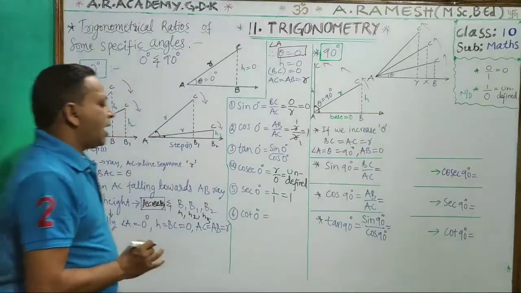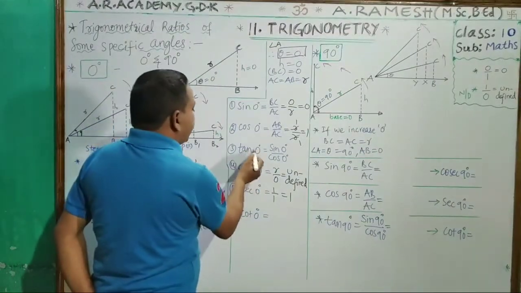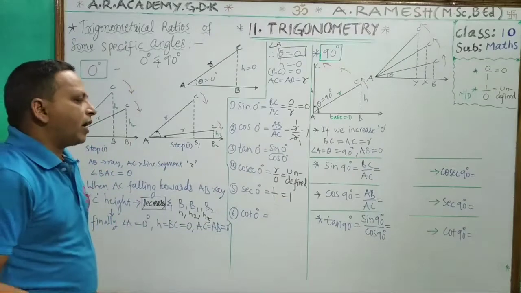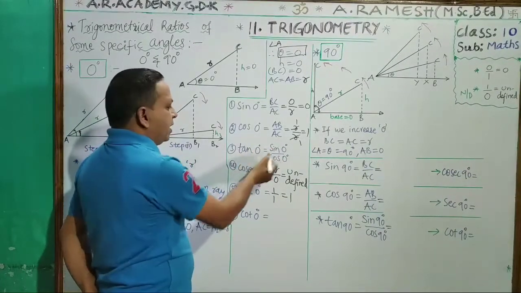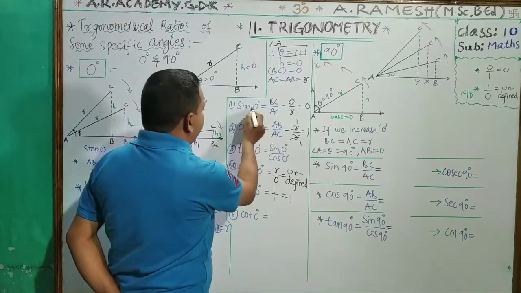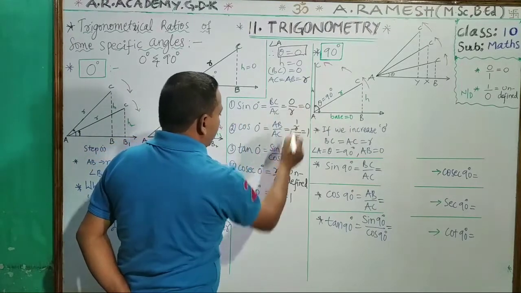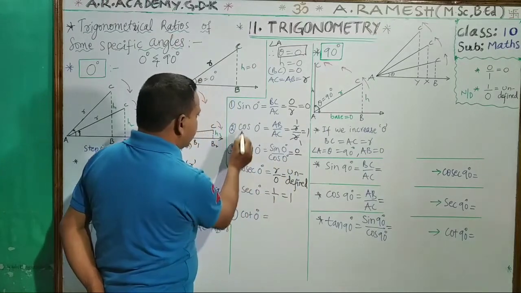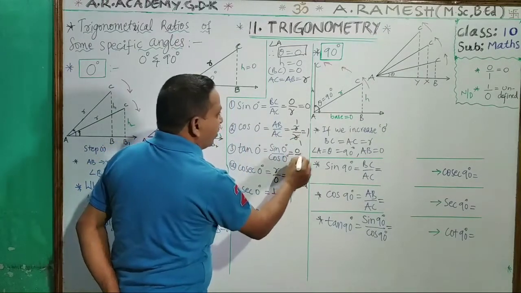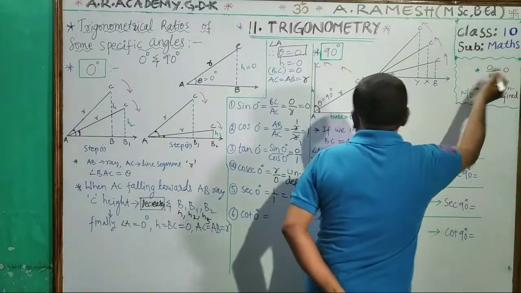Remember, children. Next, tan 0. According to the tan theta definition, it is the ratio between sin theta and cos theta. Sin theta value is 0, and cos theta value is 1. 0 by 1 means 0.